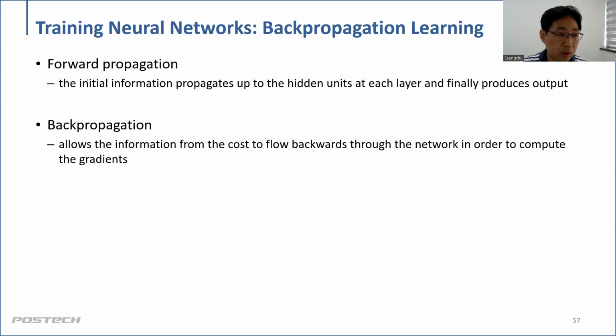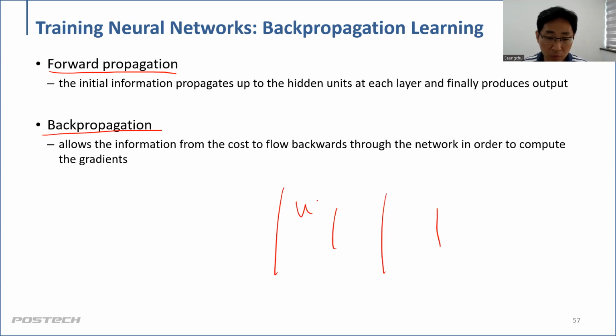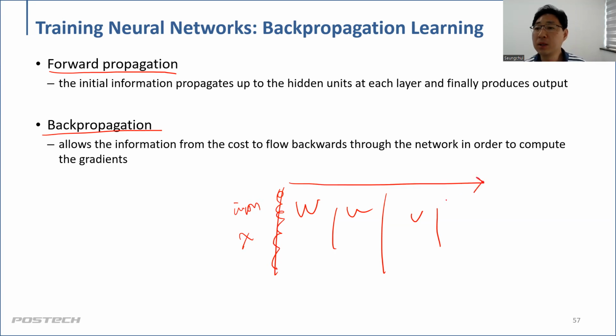There are two. The first one is forward propagation, and the second thing is back propagation. So suppose we have any kind of network, and suppose the omega is given. It doesn't matter whether the omega value is good or not. If you have any kind of omegas, we can take new inputs x and compute. What kind of computation do we have?